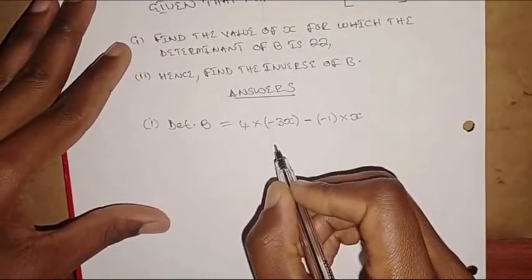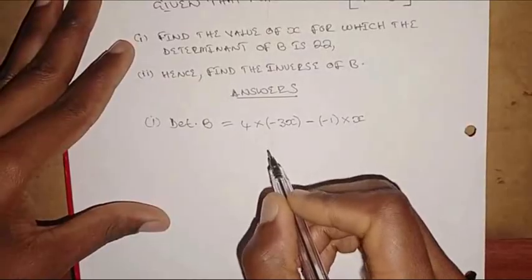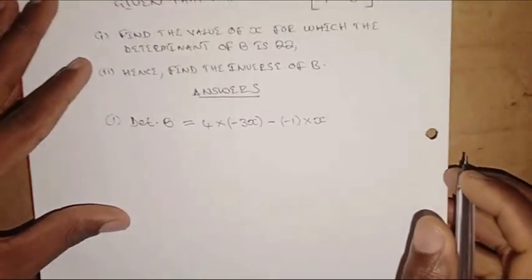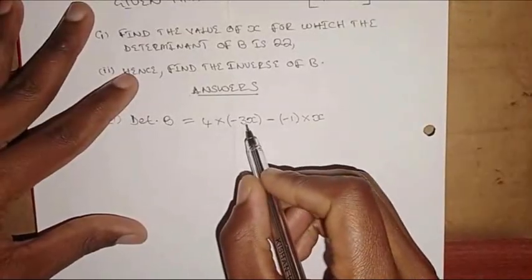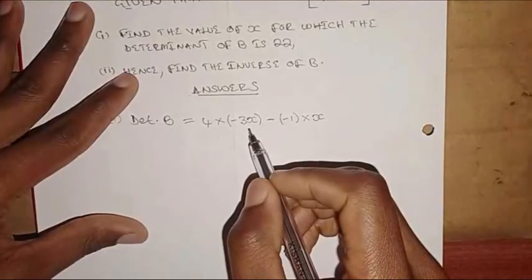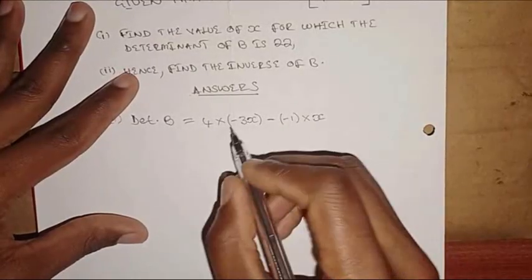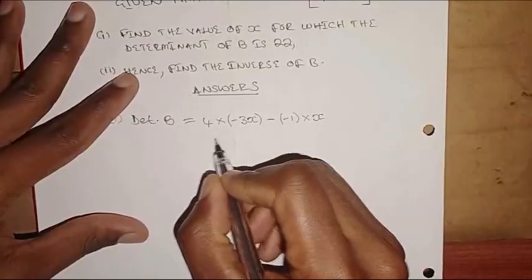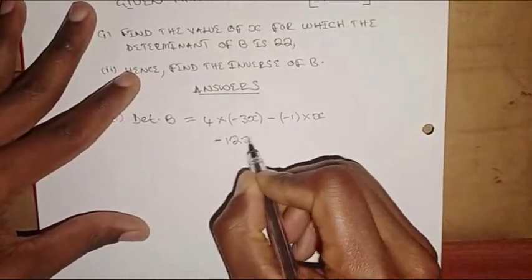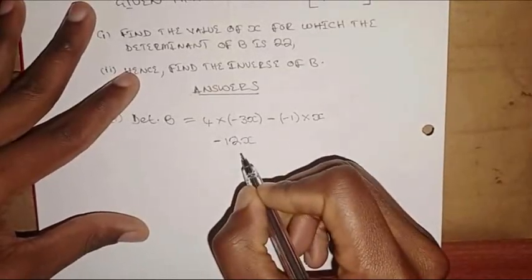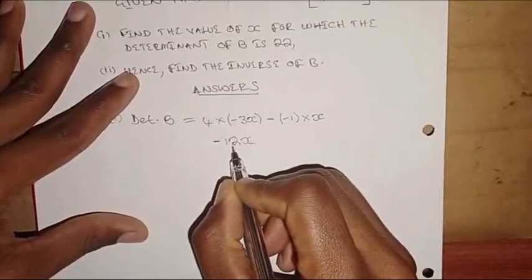So from this point onwards, what we need to do is multiply. So what is 4 times negative 3x? That will give us negative 12x, because 4 and negative 3 gives us 12.